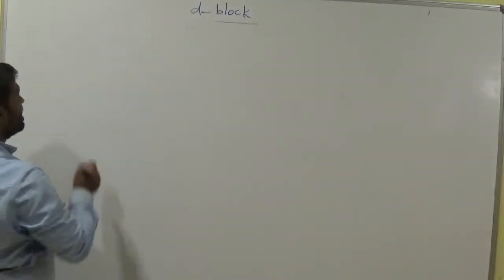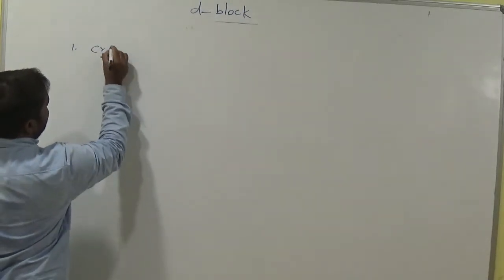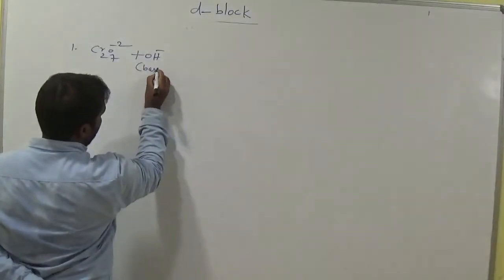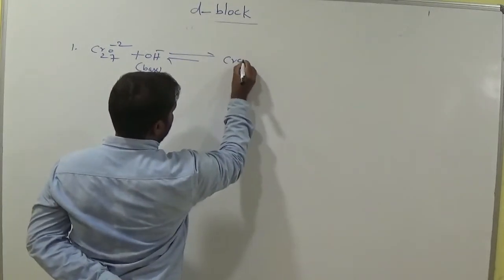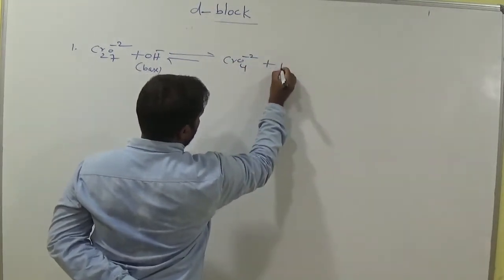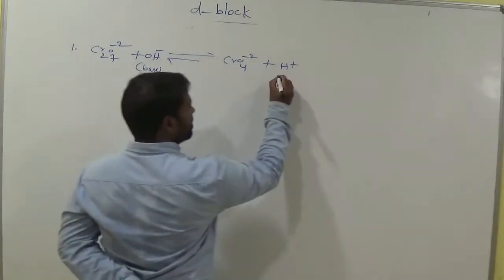And let's see Cr2O7 minus 2, potassium dichromate, in the presence of base. OH minus means base. It is reversible, giving CrO4 minus 2 and H plus. H plus means acidic.